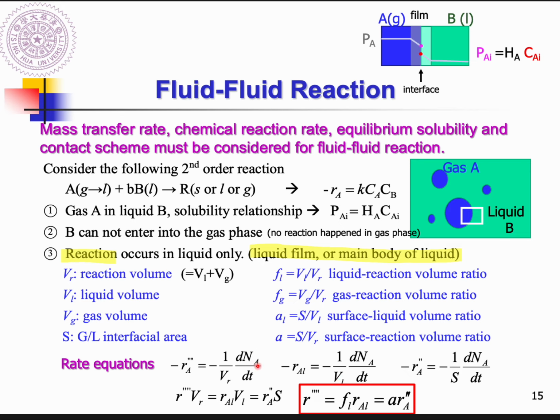So if you want to link these consumption rates with different units, we can use dN_A, the consumption rate of reactant A, equals r_A' times V_R, equals r_AL times V_L, and equals r_A'' times S. We got this relationship, and we divide by V_R, so we got r_A' equals f_L r_AL and equals a r_A''. Here V_L divided by V_R will be f_L.